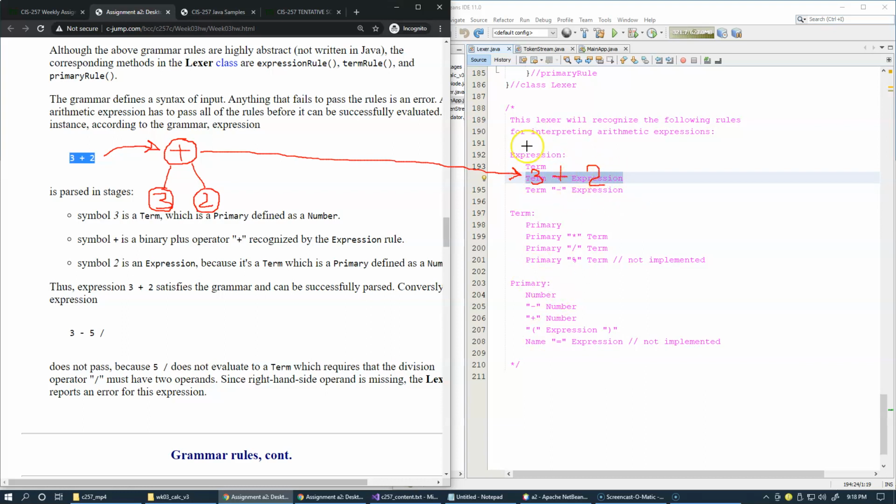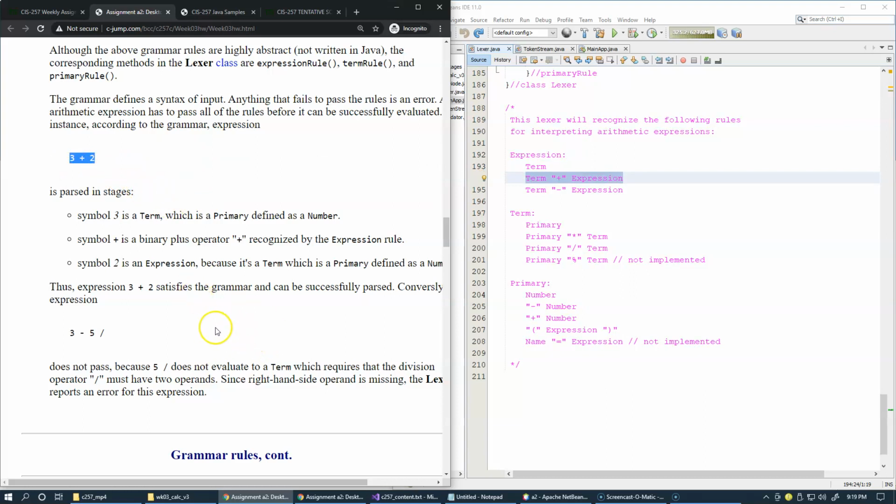So 3 plus 2, and then part of the semantics here is that as we understand terms, primaries and expressions, we begin to construct these nodes as we move through this input. And then we decide that we need to make these links from the plus to its left-hand side and the right-hand side, and so it will be using these links, and this will be the end outcome of parsing this expression that we have initially, 3 plus 2.